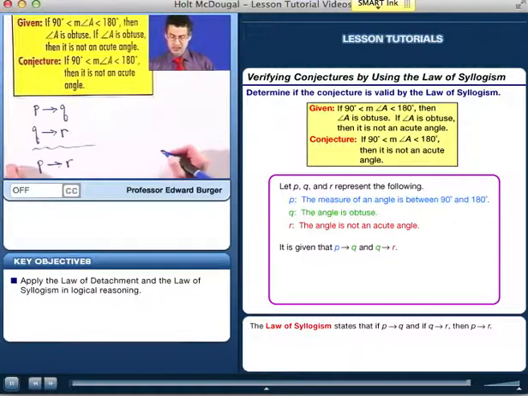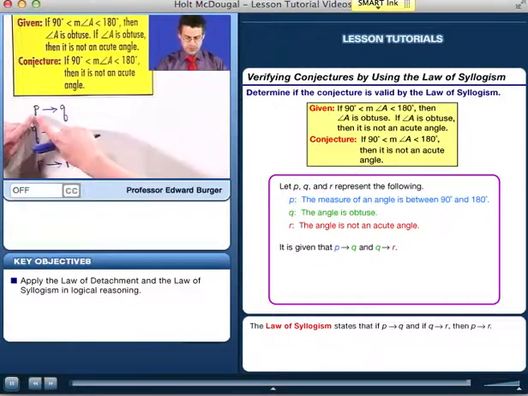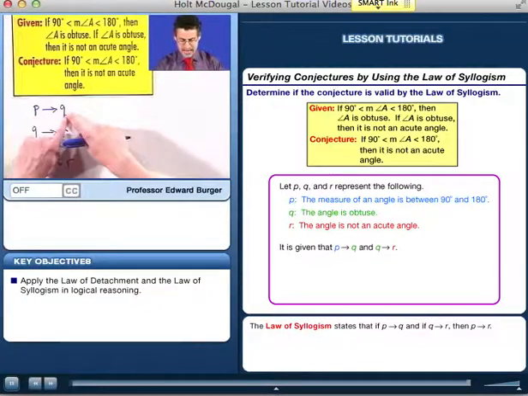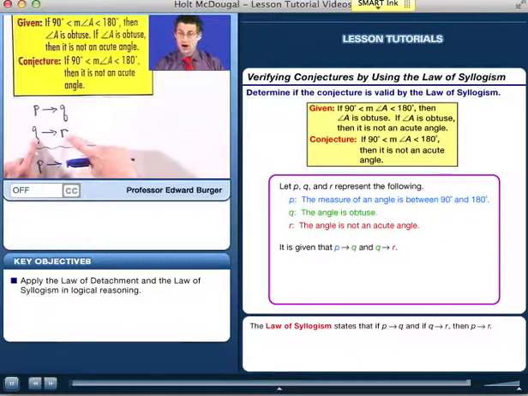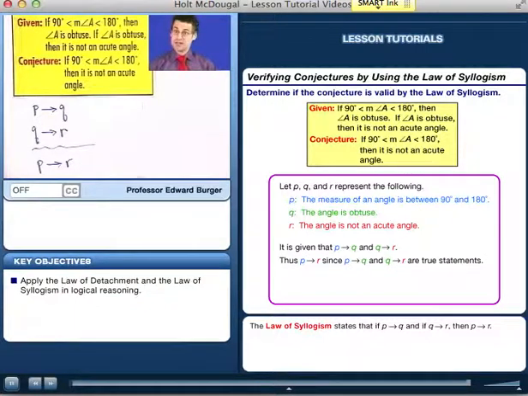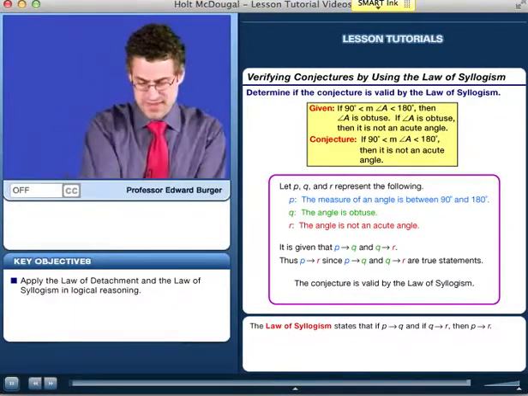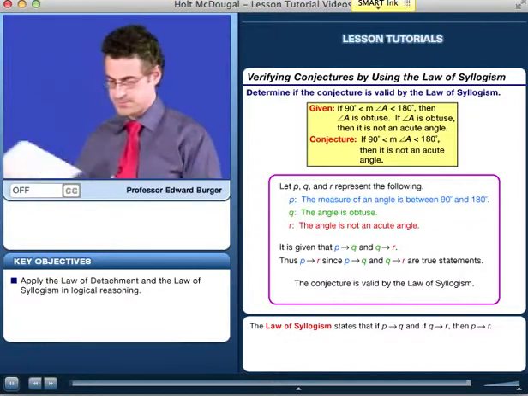We can use the law of the syllogism, because that's exactly what it says: if P implies Q, and in turn Q implies R, then we can put these two statements together and deduce that P implies R. So yes, we can use the law of the syllogism to verify this conjecture. Neat.